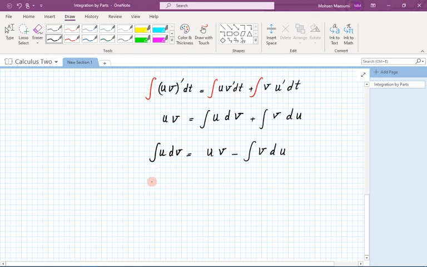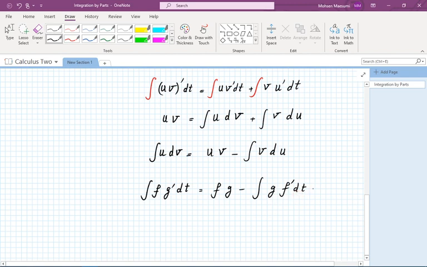So another style of writing this: say f is u and g is v, and the derivative of g is g prime dt. Now we have f of t times g of t minus, here the roles are reversed, g that is not differentiated, and the derivative of f is f prime dt. So that's another style of capturing exactly the same fact.